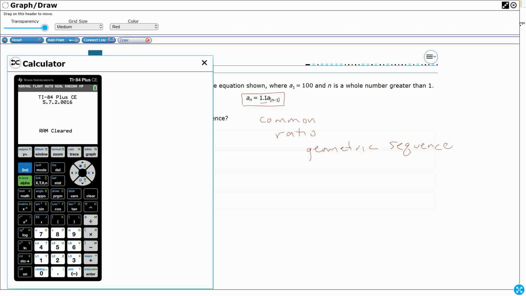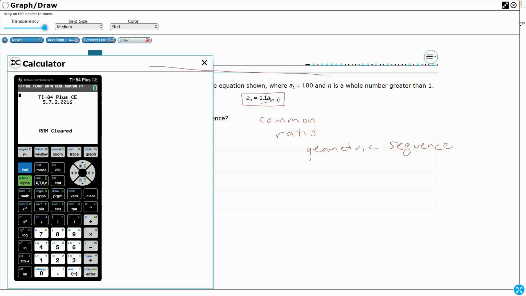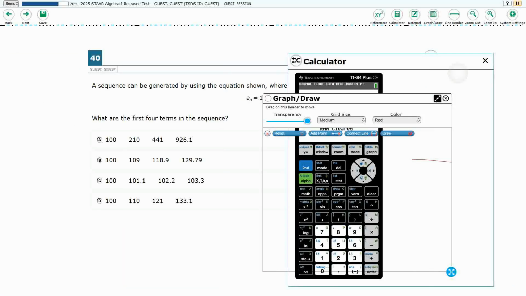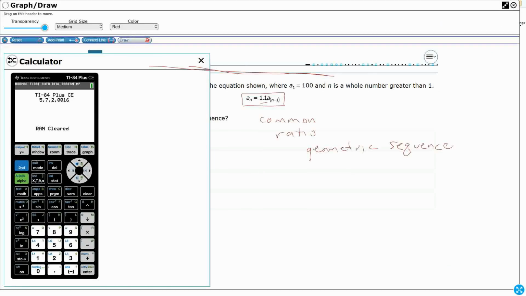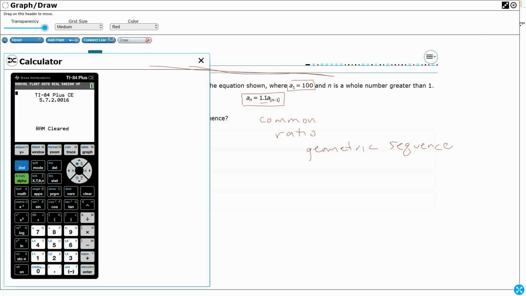Now, we need the first four terms, because look at our answer selections here. Our answer selections are going to have the first four terms of our sequence. Let's see what we have here. They already give us a sub 1. Okay, so we need to use this a sub n equals 1.1 times a sub n minus 1.